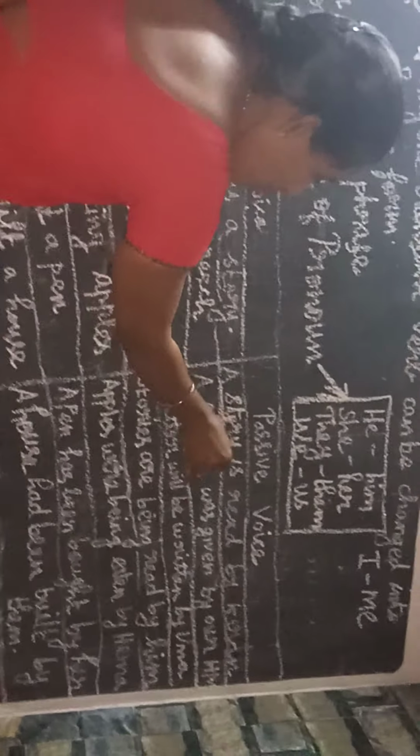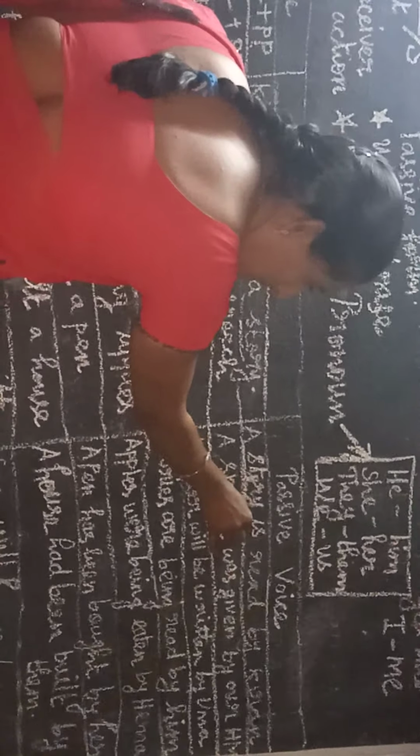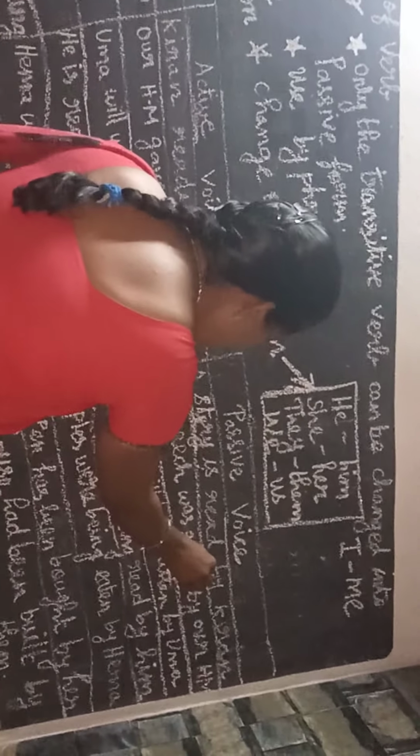A story is singular and in present tense, so we use is. So, a story is. What is the past participle of read? Read. Then we have to use the by phrase. Who read the story? By Kiran. So the subject is turned into the object.